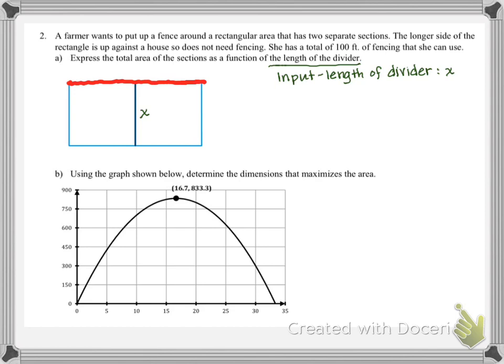The total area. I'm expressing the area as a function, which means that my function gives me the area. So that's the output. It is total area, and we'll call that A of x.